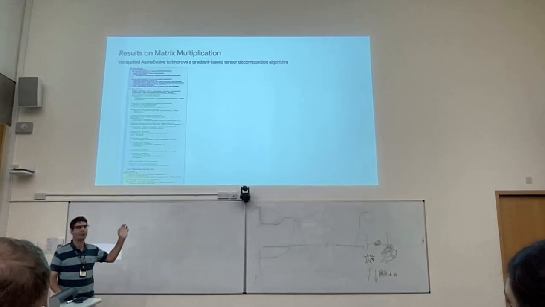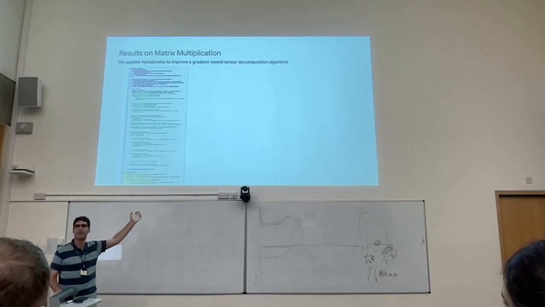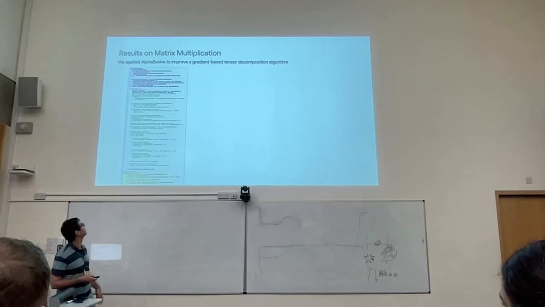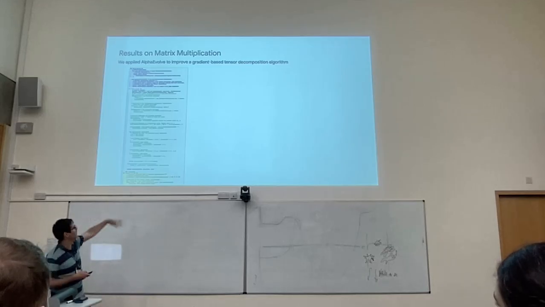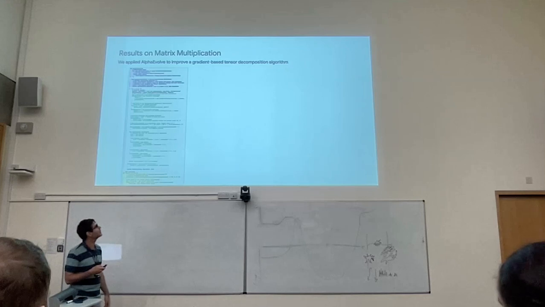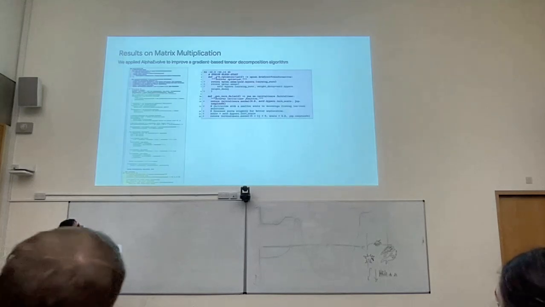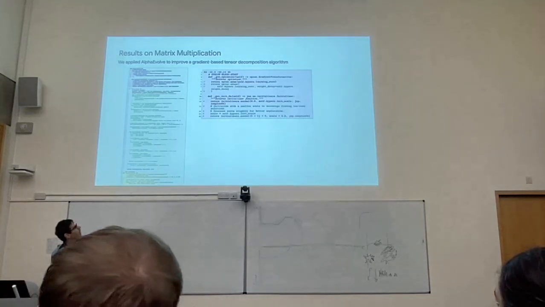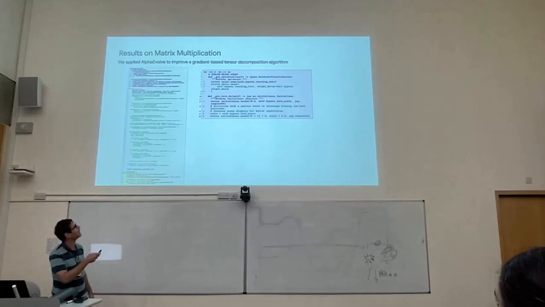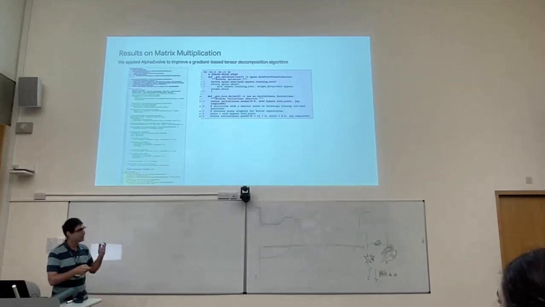But then with AlphaEvolve, we gave the gradient-based code to AlphaEvolve and said, please improve it. It changes things like, oh, I don't want to use Adam, I'm going to use AdamW. Or I don't want this initializer, I want this other initializer.